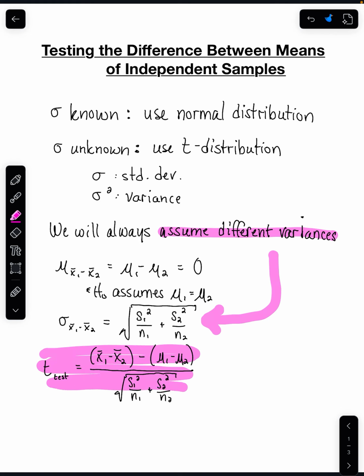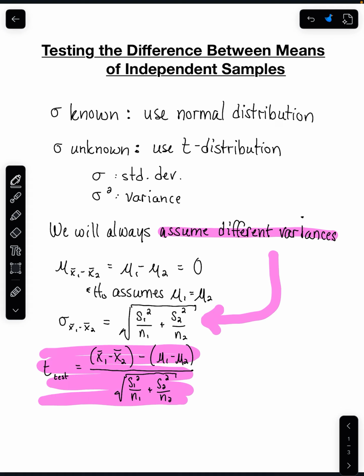Now, this is obviously using a t-distribution, which means we also have to deal with the degrees of freedom. There is a very complicated formula for the degrees of freedom when we're dealing with two independent samples. A very complicated formula. And worse yet, that formula tends to give us non-integer values.